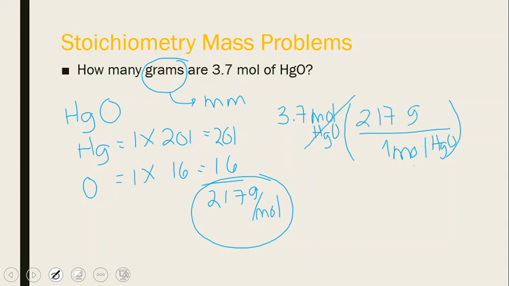So cancel moles, and you have to multiply 3.7 times 217, and there are 802.9 grams of mercury oxide, and this is the result.